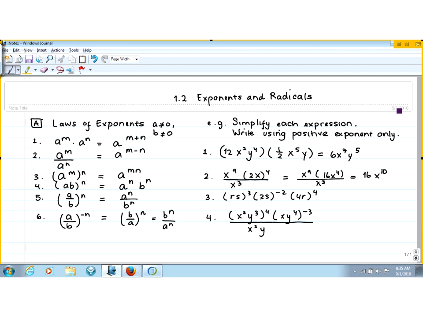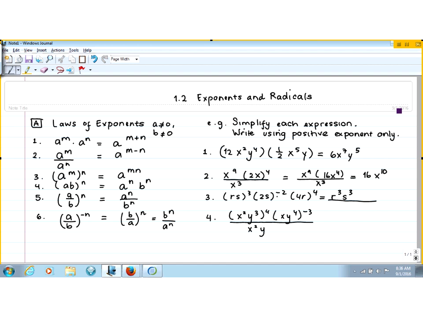Okay. Now what about the next one, number 3? What would you do first? Bring the 2s down? Okay, so what about this rs cubed? How do I rewrite rs cubed? Yes, r cubed, s cubed.